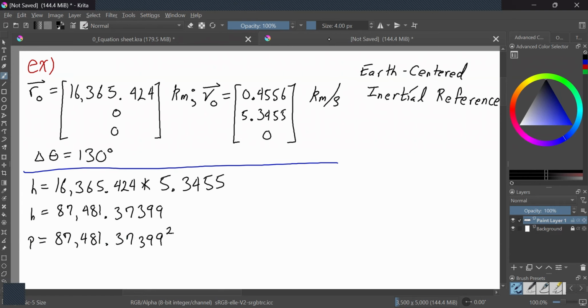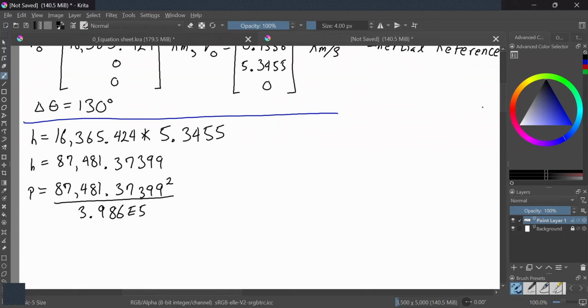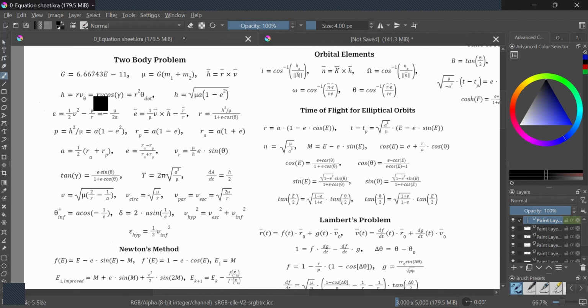I'm mostly doing this for formality. Divided by 3.96 times 10 to the 5th. And that will give us 19,199.67585 kilometers. I'm going to go ahead and underline that so I don't lose it, because as I pointed out, we will be needing that feature.